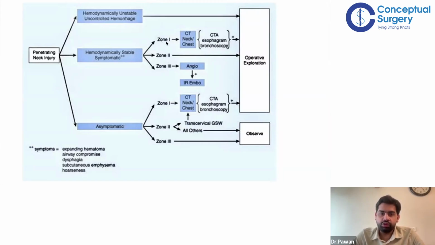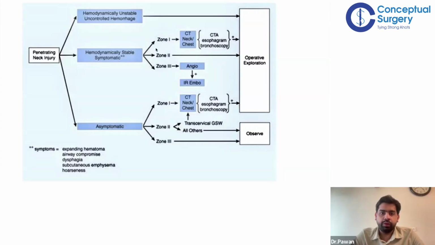So if there is an injury in zone one, we prefer to do CT angiography, esophagogram, and bronchoscopy. All these things you do, and if they come out positive, then we take the patient for operative exploration. I hope you understand my point.